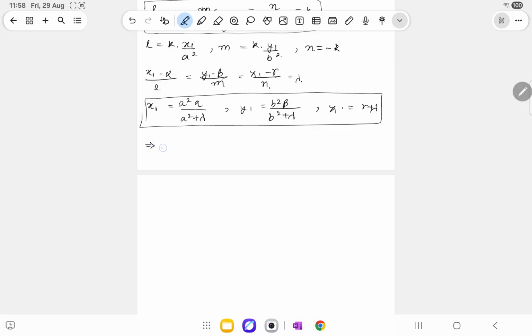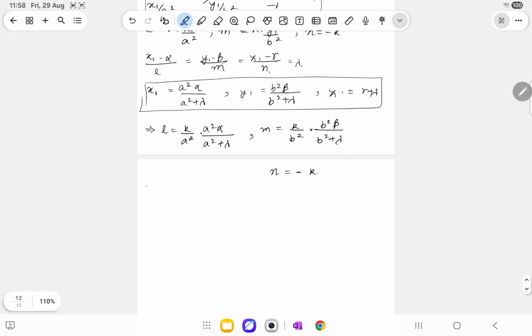So from here I get my L as k by a square into x1, that is a square alpha upon a square plus lambda. Likewise my M will be k by b square into b square beta upon b square plus lambda, and my N is minus k. If I simplify it, I will get L as k alpha upon a square plus lambda, M as k beta upon b square plus lambda, and N as minus k.